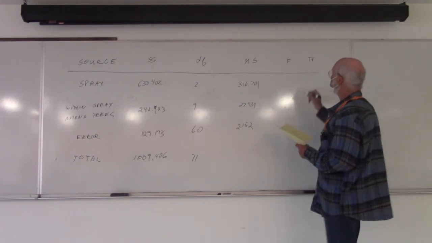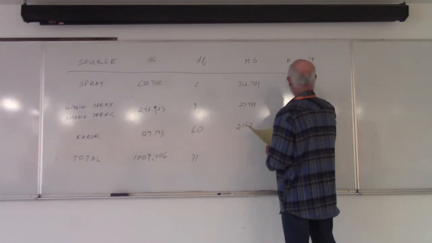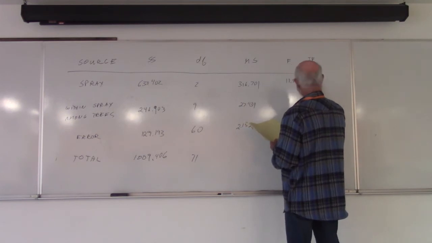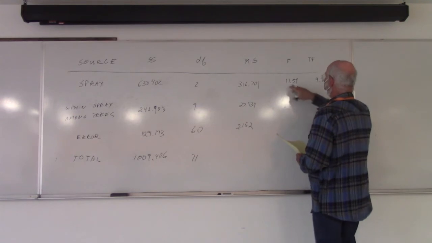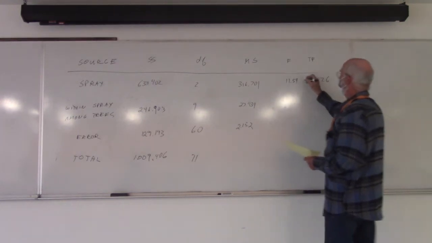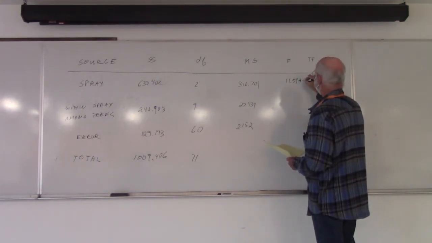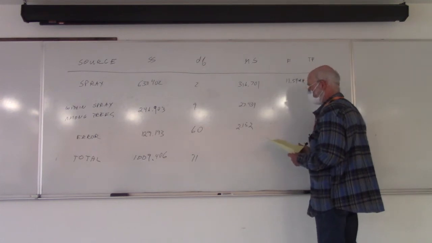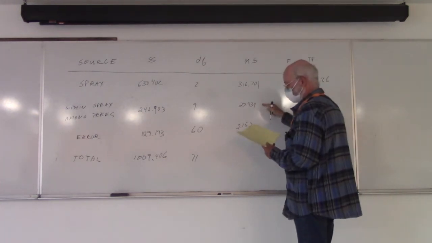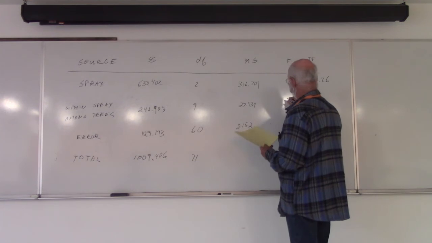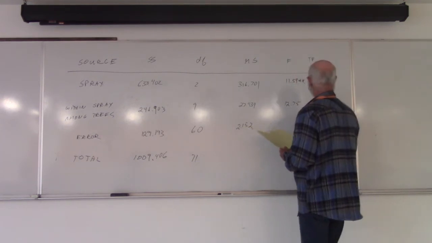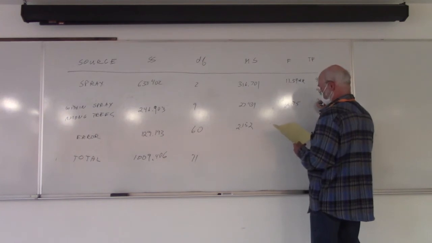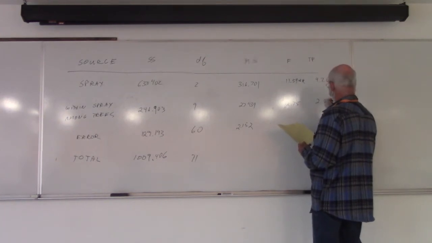So my correct F is going to be 11.54. My tabled F is 4.26. This is bigger than that, therefore this is significant. This divided by that gives me 12.75, and my table value is 2.04.